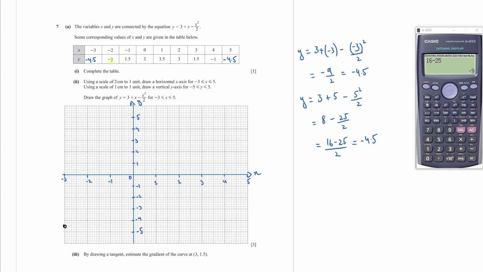And then the next one is -2 and -1. So -2, -1 will be this one.